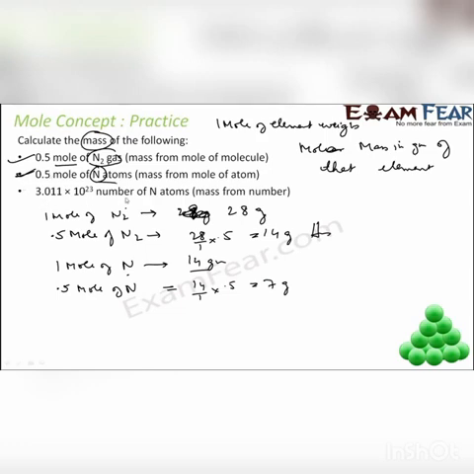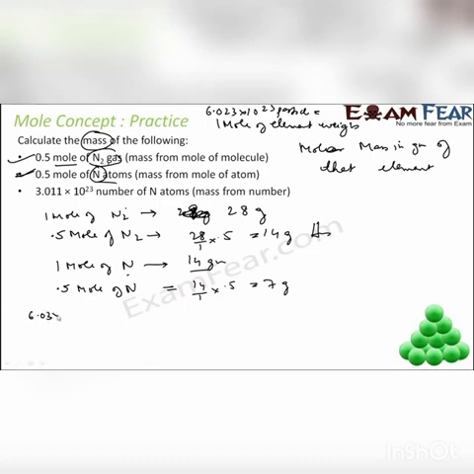Then the third is this many number of atoms. We know that 1 mole is nothing but 6.023 into 10 to the power 23 particles. These many particles will be 1 mole and that will be the molar mass.